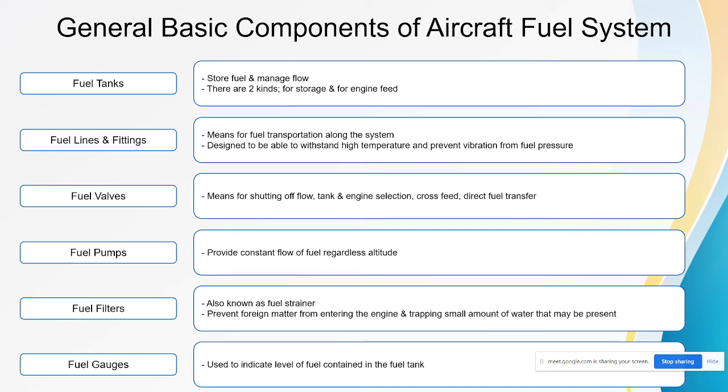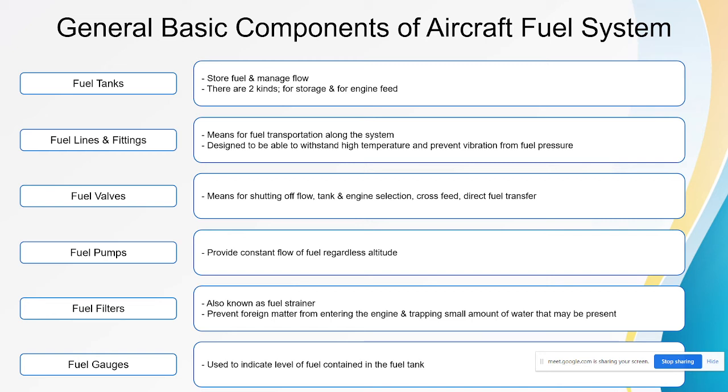The fourth one is the fuel pumps, and the main function of the fuel pumps is to provide a constant flow of fuel regardless of the altitude. It means although the plane is flying at different altitudes, the fuel pumps are designed to provide a constant flow rate to the engine.